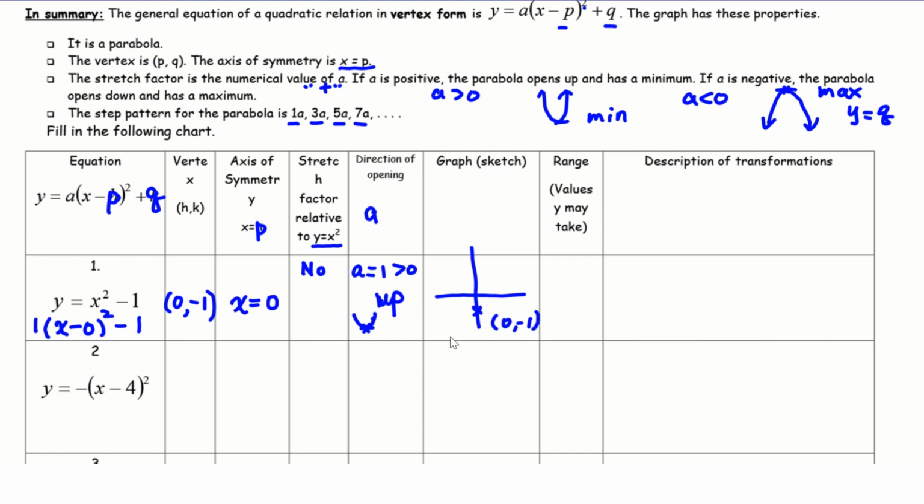Then the step pattern is right one, up one, then right one, up 3. So right one, up 1, you have (1, 0). Right one, up 3, you have (2, 3). And do the same thing on the left: left one, up 1, left one, up 3. Then you connect it, you have the graph.